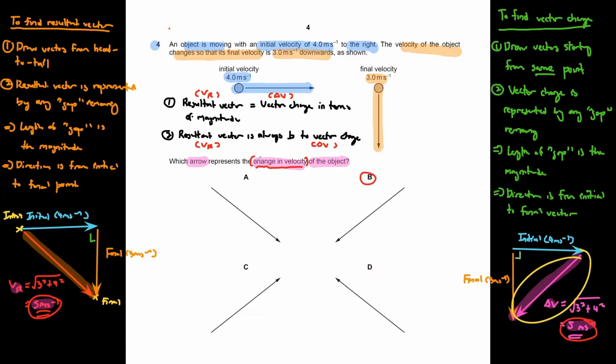Now, if you're asked to find out the resultant velocity, it would actually be in this direction. This one will be our resultant velocity, and it will be at 90 degrees to our velocity change. Okay, so this is just some things to note about resultant vector and velocity change.